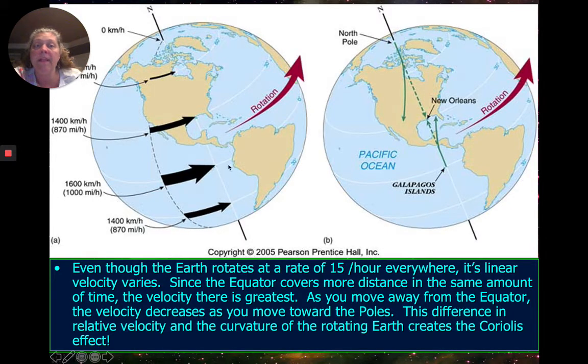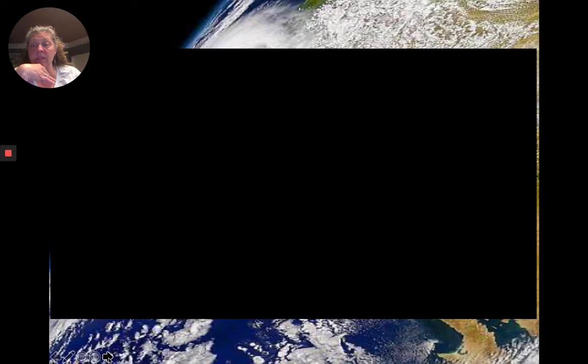That gives you a different lateral velocity than other places north or south of you. So if you were to throw something from the equator northward, you'd be throwing it due north, but it would also have an angular component to the right. If you were to throw something south, it would have an angular component to the left. I can't explain it as well as this next video does.